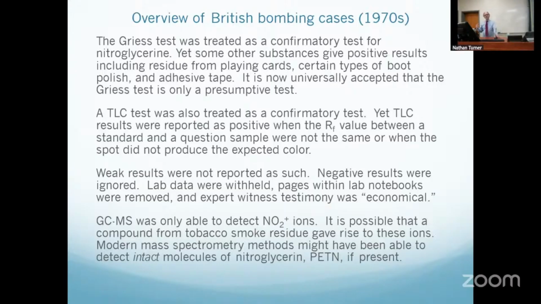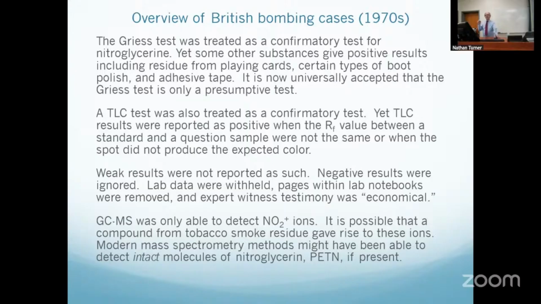I believe this was a TLC test, though not for nitrate esters. I think it was for a residue. If you make some of these substances, I think toluene was the solvent, and mono and dinitrotoluene are byproducts. And I think the TLC was a test for one or the other of those compounds.